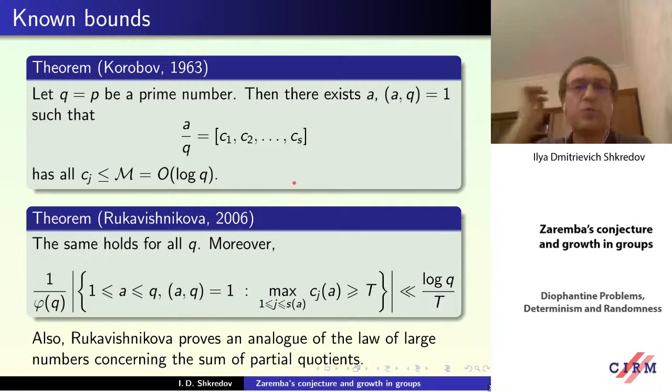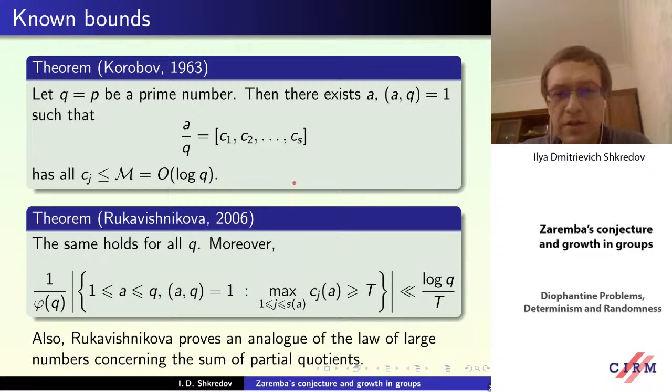And actually, both Korobov's and Rukavishnikova's results take this numerator A in a random sense. So a typical A over Q has all partial quotients bounded by a logarithm.